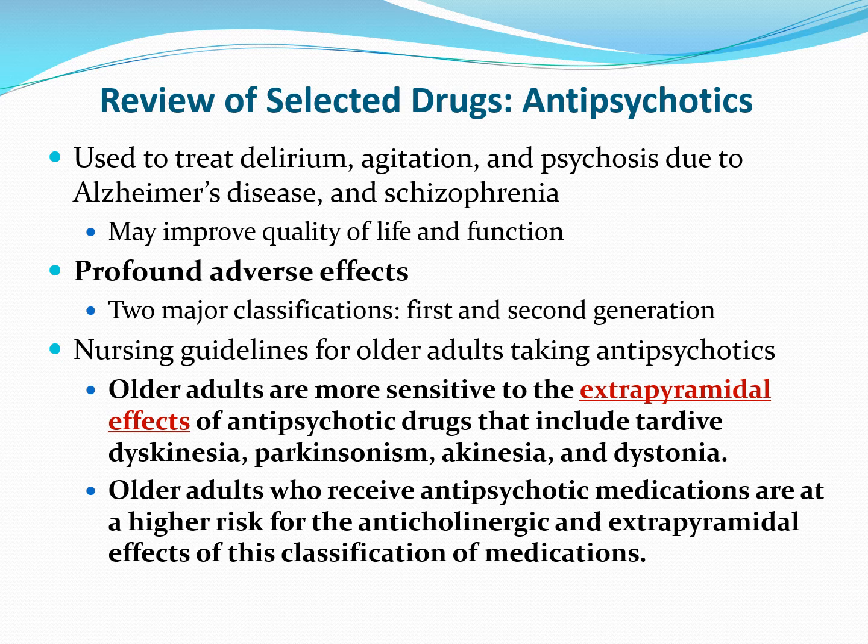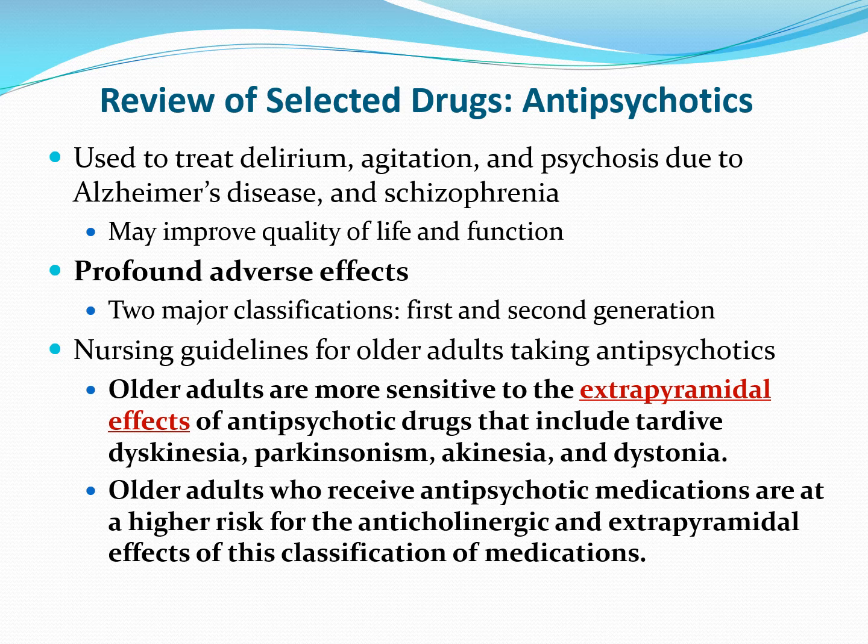First, older adults are more sensitive to these medications. The second thing, adverse effects may include, for example, tardive dyskinesia, Parkinsonism, akinesia, or dystonia. So they can have what we call an extrapyramidal effect.